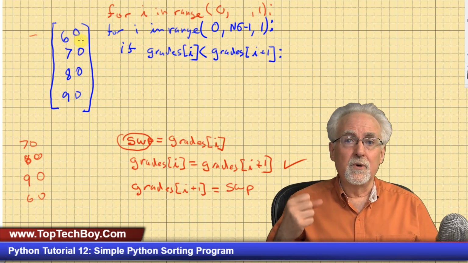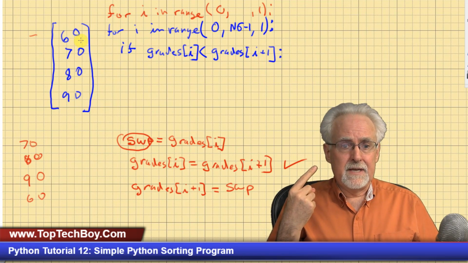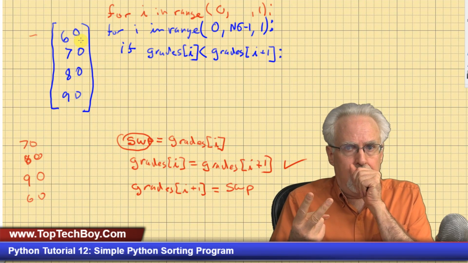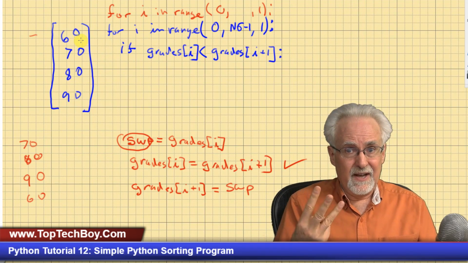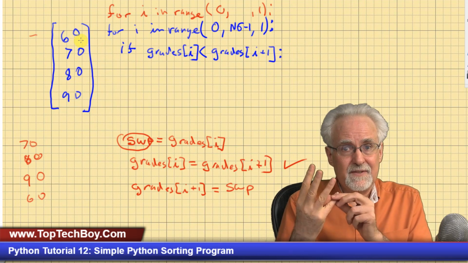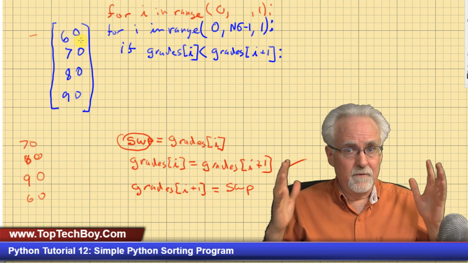Well, you've got to see, the first time through, it's going to put the 60 in the right position. The second time through, it's going to put the 70 in the right position. The third time through, it's going to put the 80 in the right position. And if the 60, the 70, and the 80 are in the right position, the 90 has to be in the right position. So we don't need to go through 4 times.